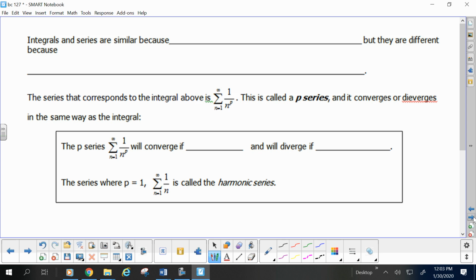Integrals and series are very similar. Integrals and series are similar because they are both infinite sums. Now they're slightly different because when I talk about this problem, 1 over x from 1 to infinity, x is what kind of numbers?